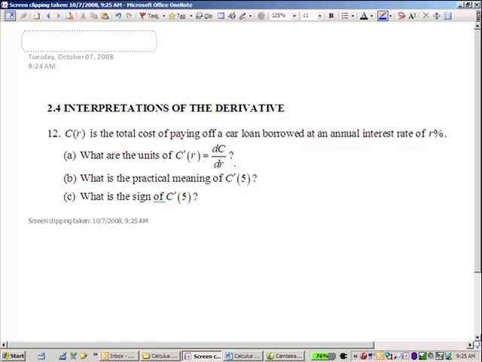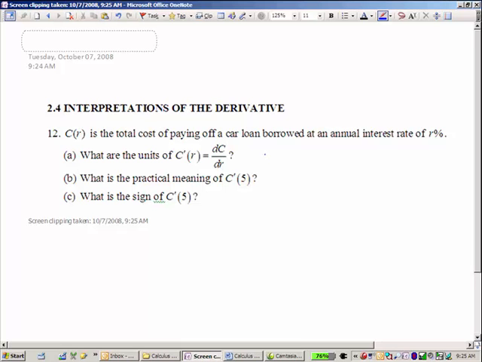All right, what do we have? Using Leibniz notation, we should like A. What are the units for C prime, or the derivative, dC over dR? You want to take a shot at it, Rachel? Okay, so give me units.